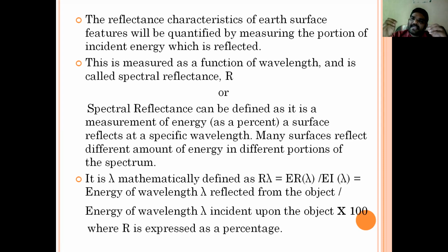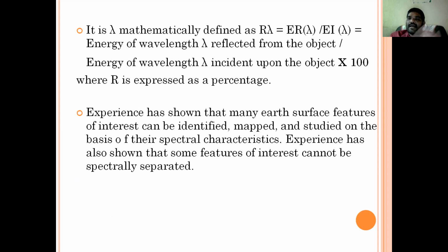Whenever you want to measure the spectral reflectance of one particular spectral band for one particular object, it can be quantified with this formula. You must remember this formula when writing examinations, because it is an empirical formula. There is no meaning in solving it here; the spectral reflectance can be measured with this formula.